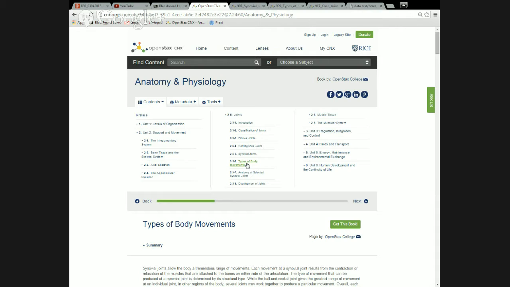Now, this chapter I really kind of see as a transitional chapter. It happens to be sort of in the middle of the semester. But more importantly, the joints are how the bones are connected together in the skeleton. And when we move our body, it's because of how those bones interact at joints.